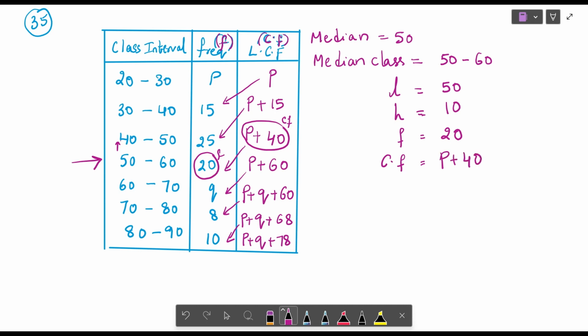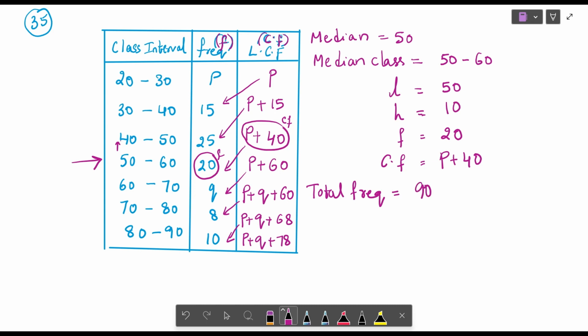One more thing they have given is the total frequency, 90.